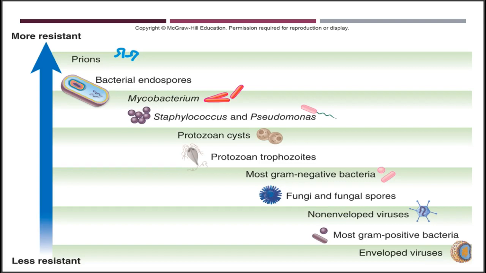So they're surrounded by a phospholipid bilayer that is relatively susceptible to many detergents, basic hand soap. And then, of course, bacterial endospores and prions are at the top. They're the most resistant structures. And then you can see there's a variety of organisms and structures that fill in between.